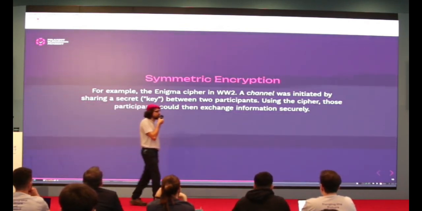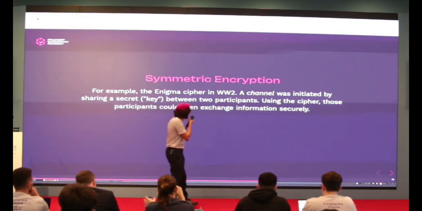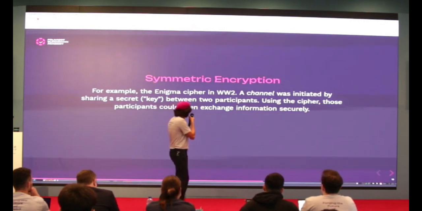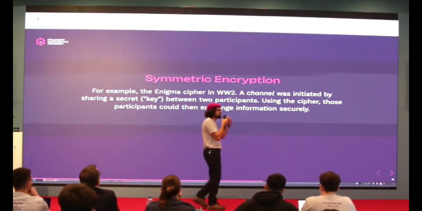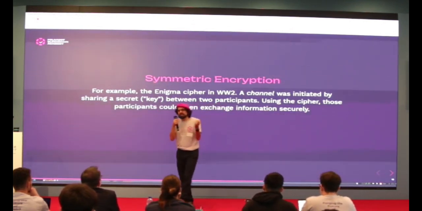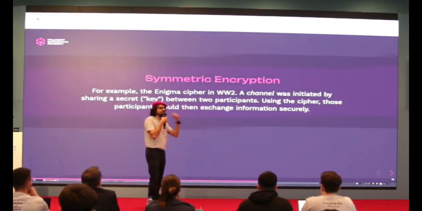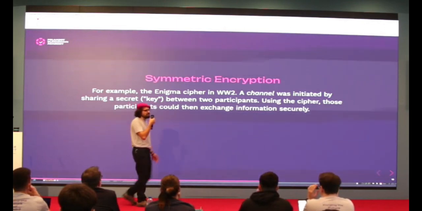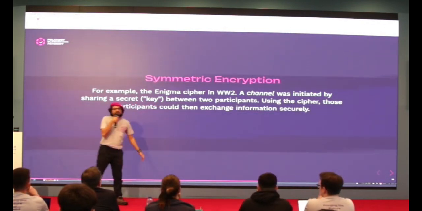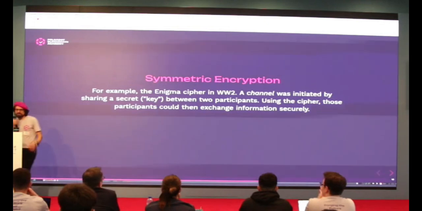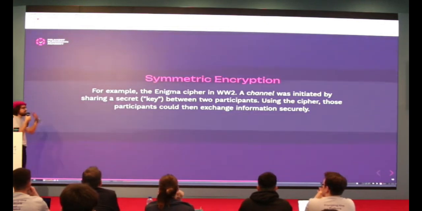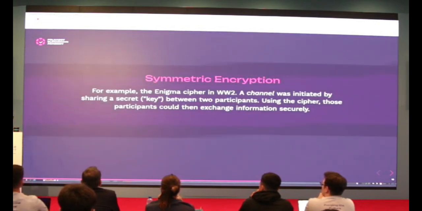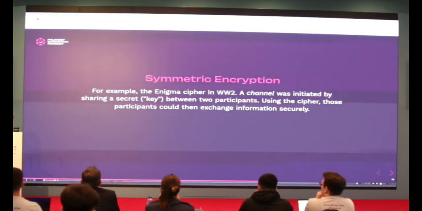In World War II, the Germans had a booklet that had the keys, and that was their shared secret. Every morning they would use a word from that book and set up the machine based on that, and the machine would encrypt the information for them. Then they would send it to the other party, assuming that the people in the middle cannot read it.